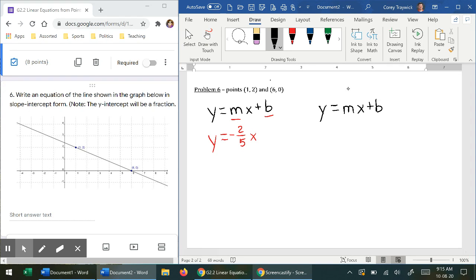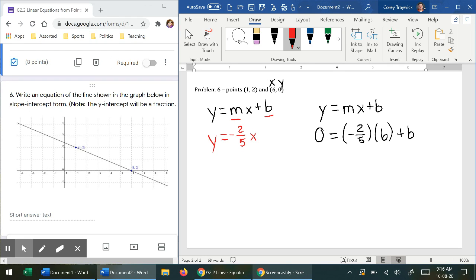So we're going to use the number 0 for y. Our slope is negative 2 over 5. Our x number is 6. And we're looking for the letter b. Well, this fraction multiplication doesn't work out as nice and neat as the other ones, but we can figure it out easily. We cannot cancel 6 and 5 because the only thing you can divide them by is 1.